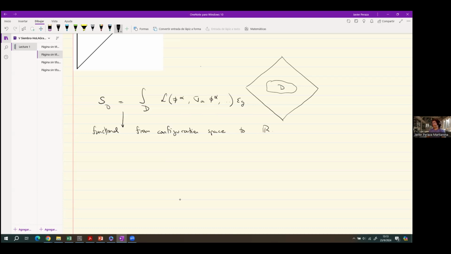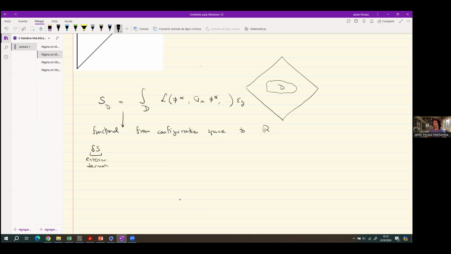Therefore, since it is a functional, we can think that its variations are tangent. So we can act with tangent vectors from the configuration space on this functional, giving us the gradient of the function S.